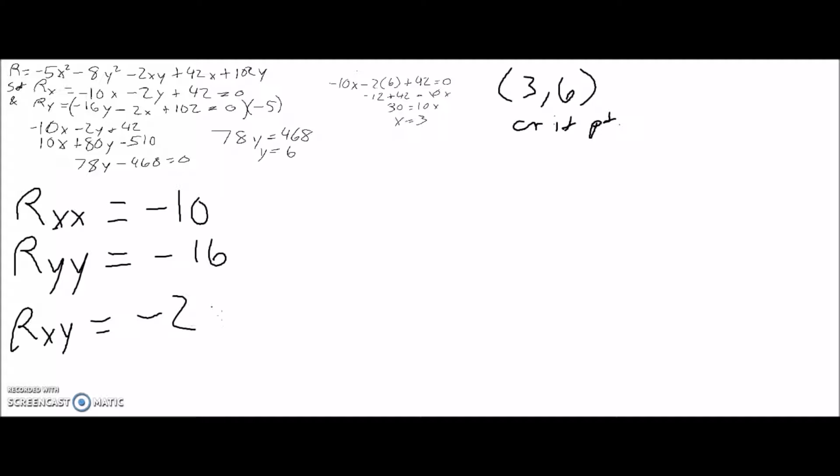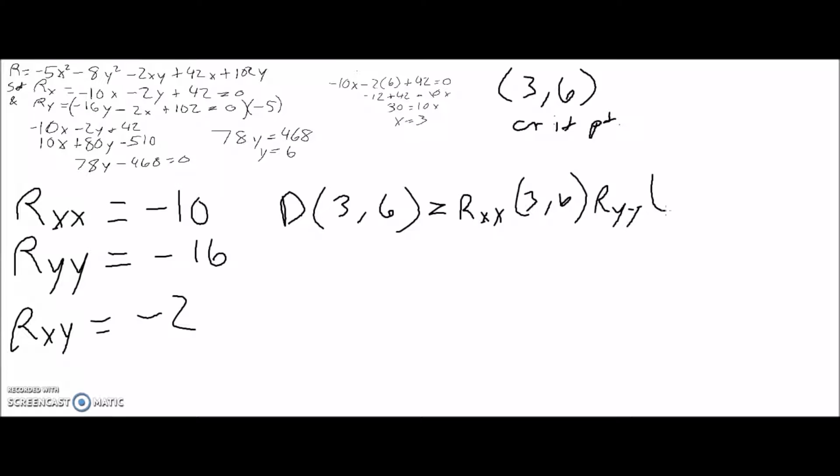So now we've got these three values. We know that the discriminant at our critical point 3, 6 is equal to R sub xx at 3, 6 times R sub yy at 3, 6 minus R sub xy at 3, 6, whole quantity squared.